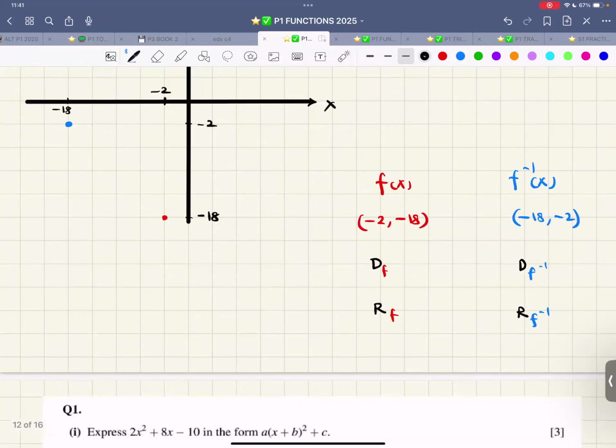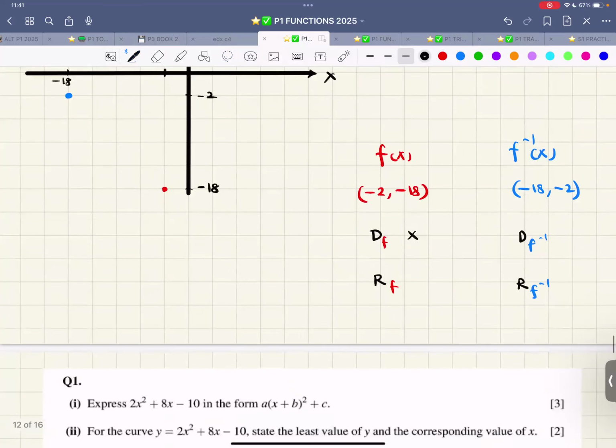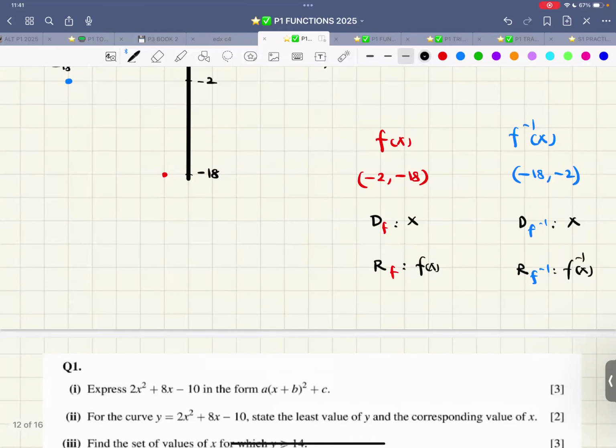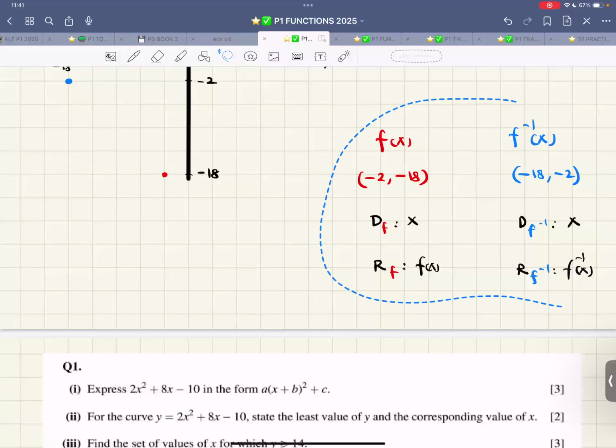The domain is always written in terms of x, whether it's for the original or for the inverse. The range for f is written as f(x). The range for f inverse, it's written as f inverse x. And then an inequality. So I'm just getting all the template ready. Okay. So hold for a second.